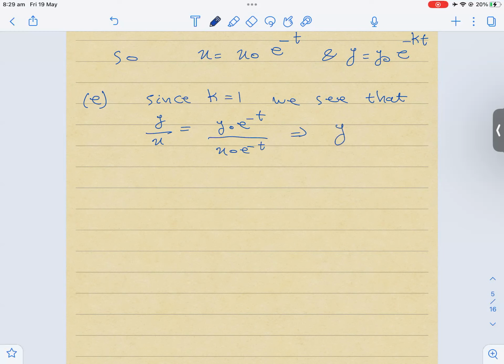Therefore, y is equal to y0 over x0 times x. So that's a line.